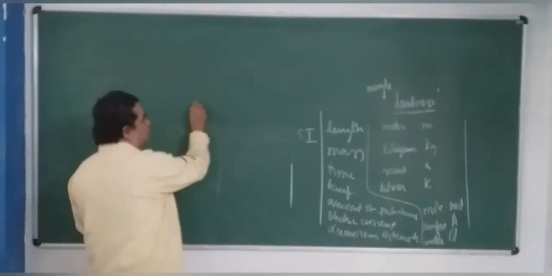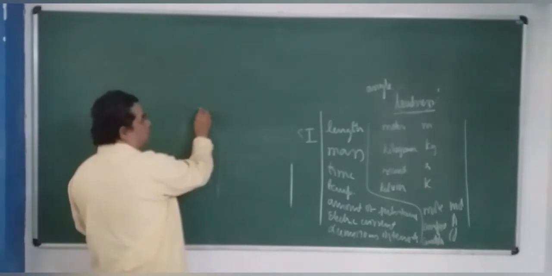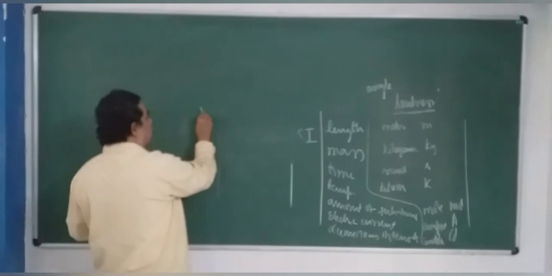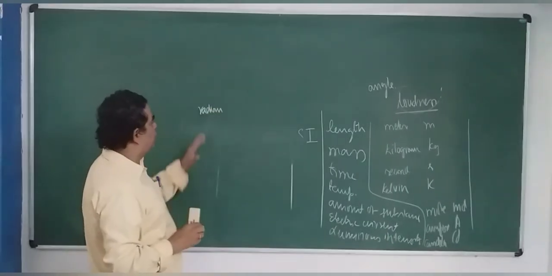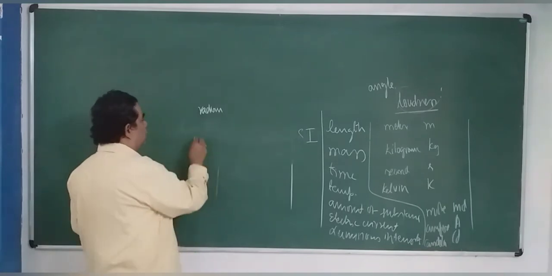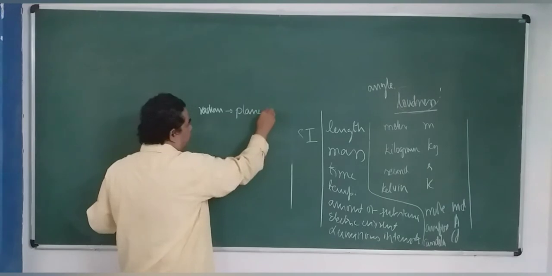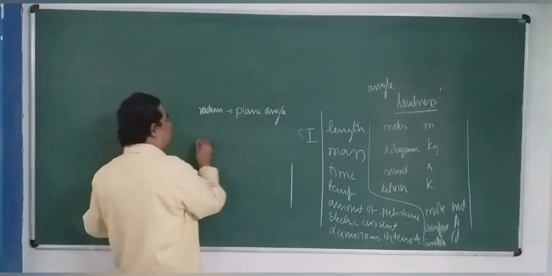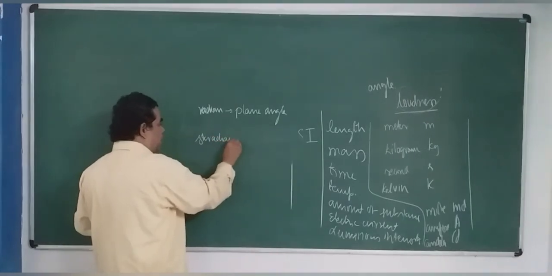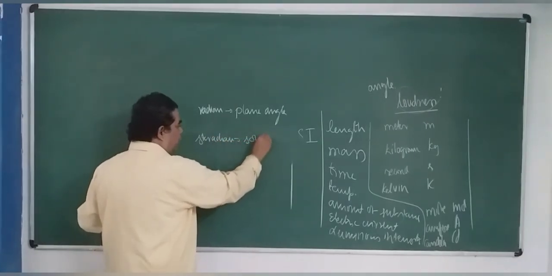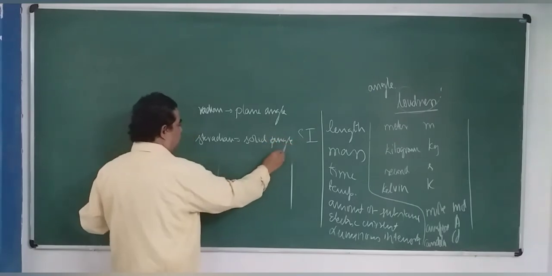One is the radian for angle. In fact, what you used to measure in high school as degree is now measured in radian. That is for plane angle. And the steradian is for solid angle. We will learn what we mean by plane angle and solid angle.